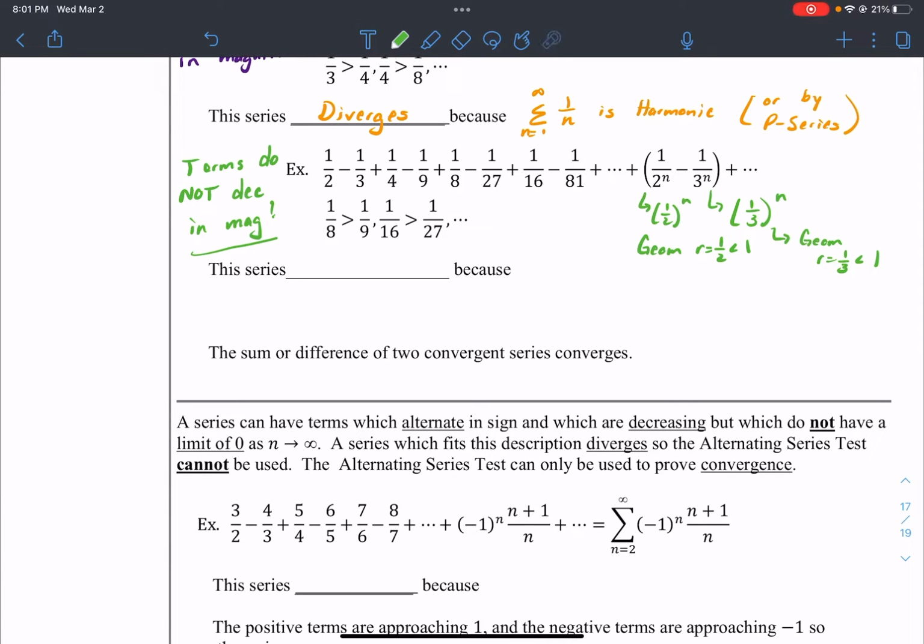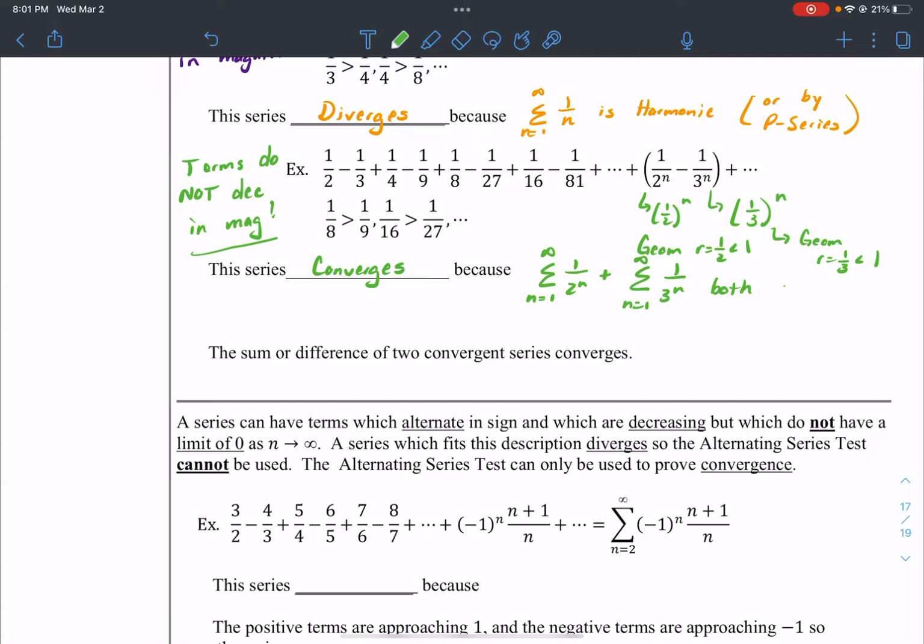So this series does not converge by the alternating series test, but it does converge by the geometric series test. And the reason is because each of these individually converge, right? 1/3 to the n.